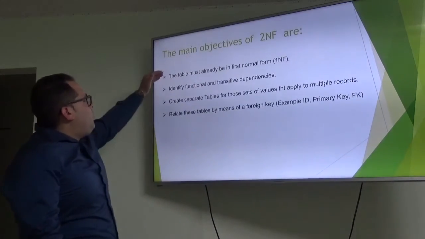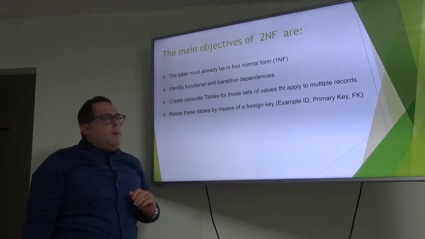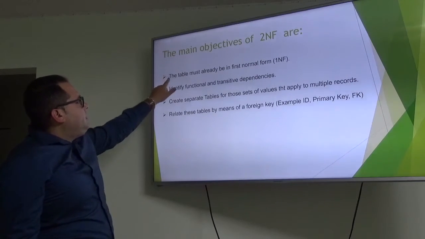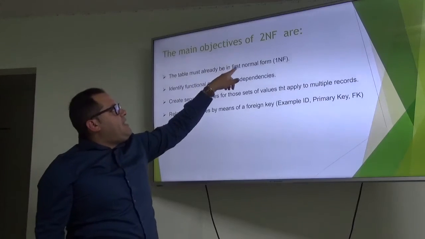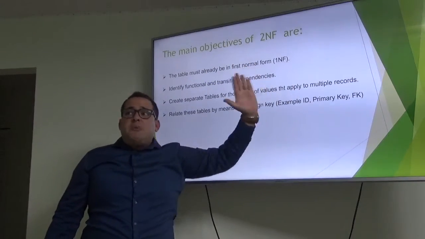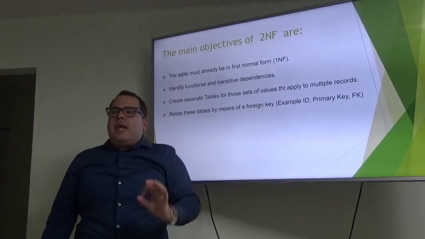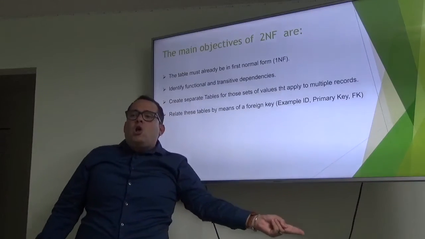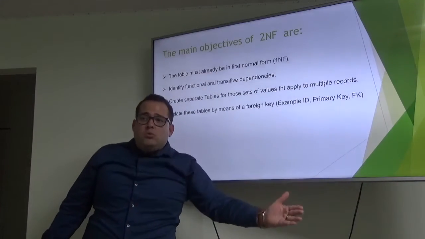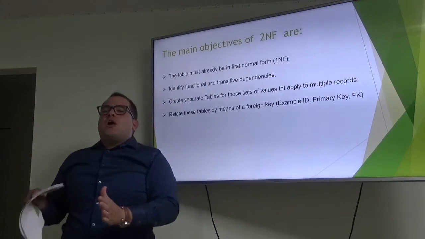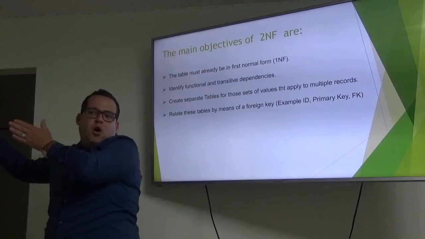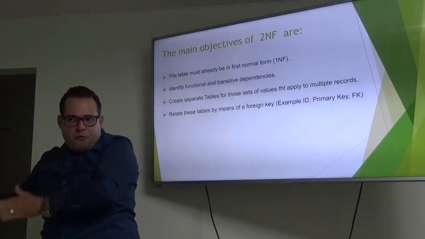Next, please. Well, we have here three objectives. The table must already be in the first normal form. It's very important that you cannot transform to the second normal form if you are not already in the first normal form.